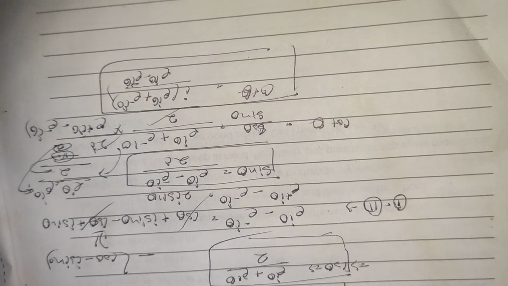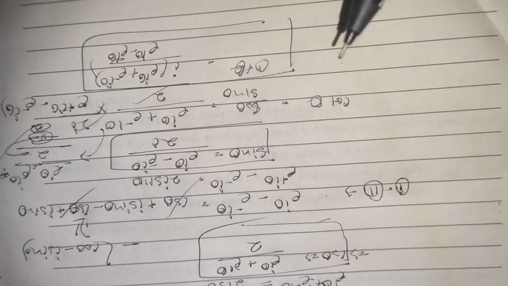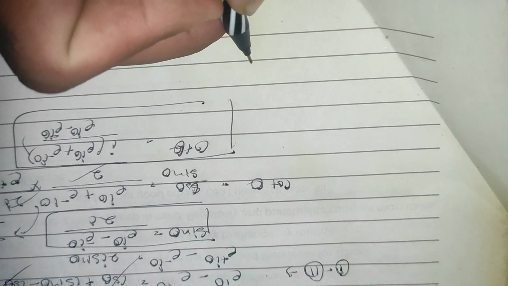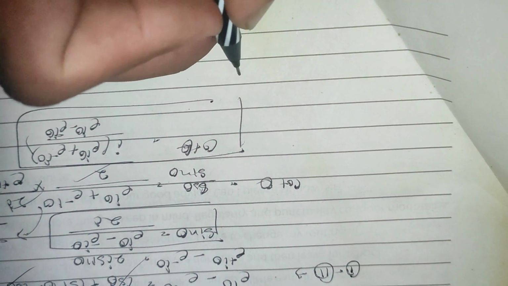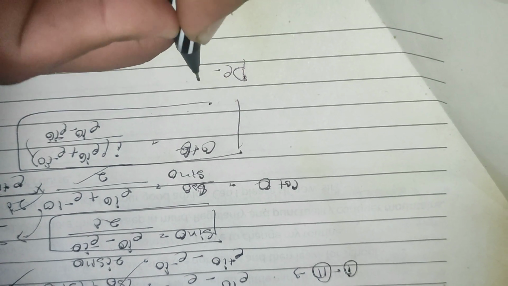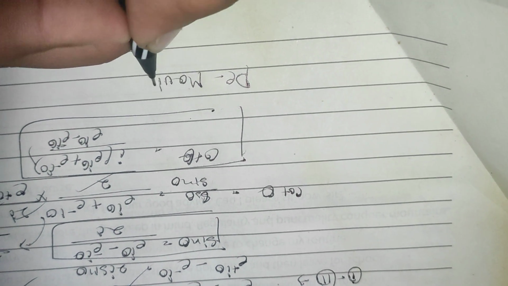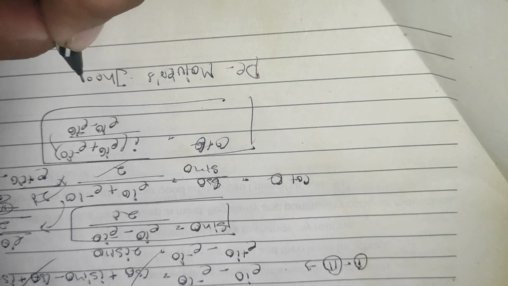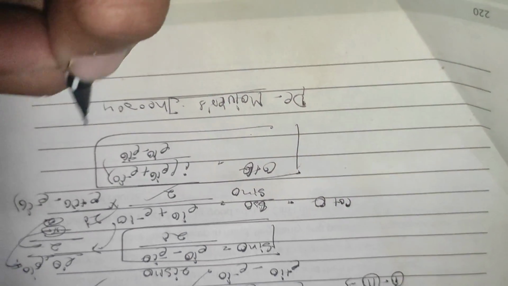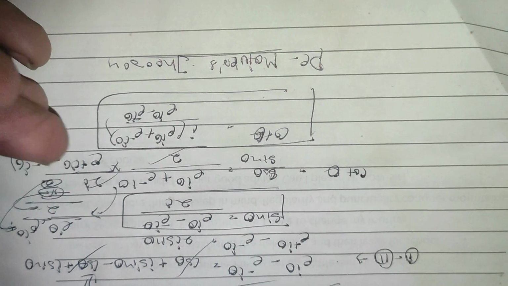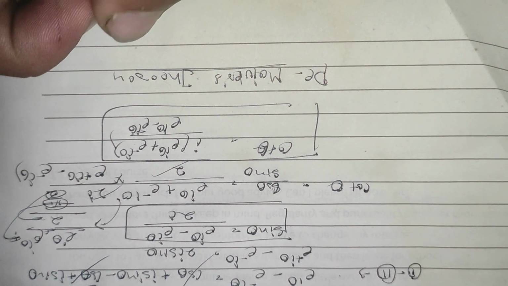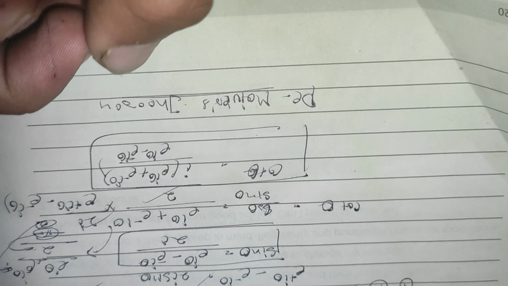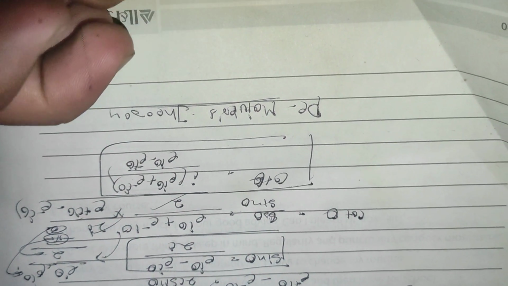I hope you understand. Here we talked about Euler's formula, and in the next video we talk about de Moivre's theorem, and then we learn about hyperbolic functions and circular functions. Sorry, I mistakenly said coplanar.